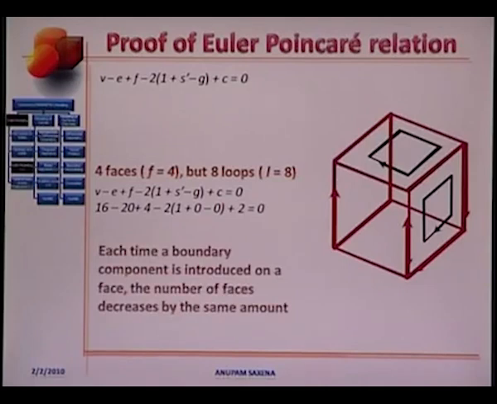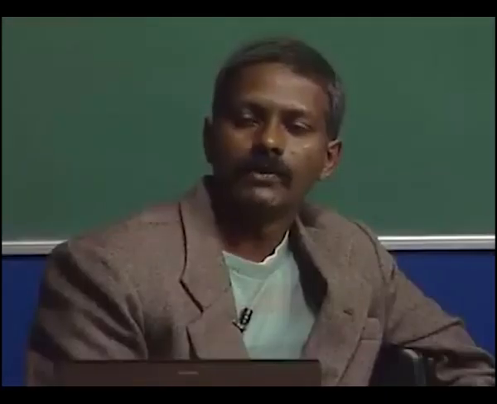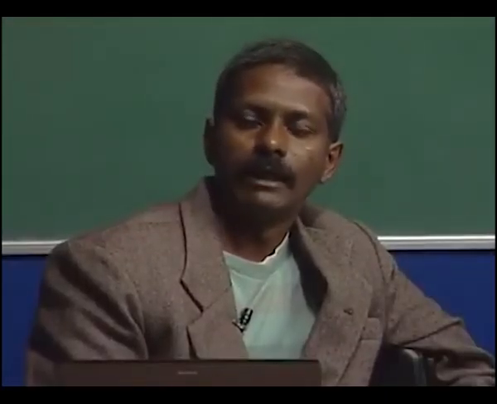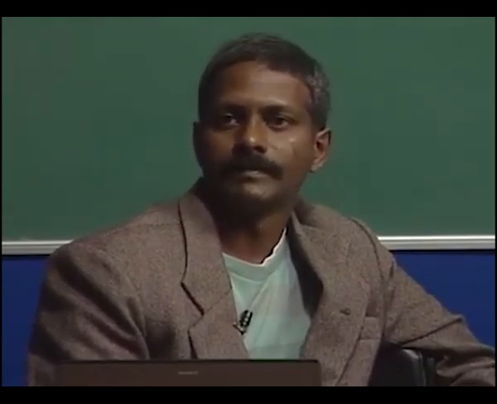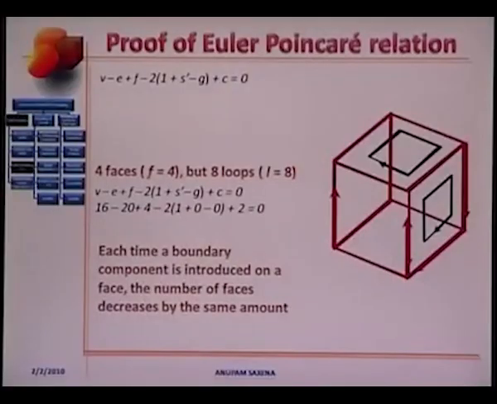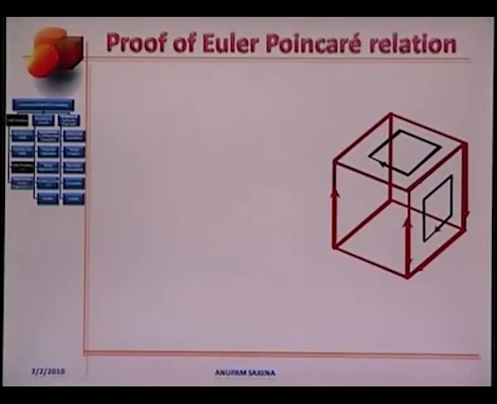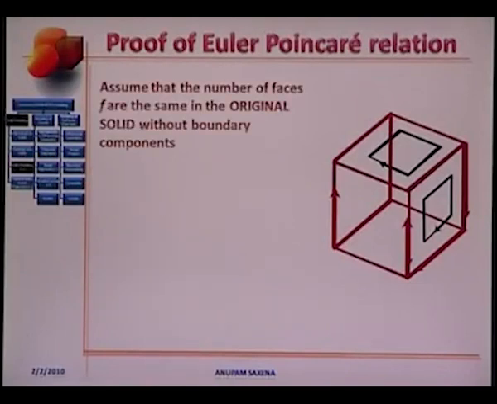What have we noticed? Each time a boundary component is introduced on a face, the number of faces will decrease by the same amount. If I have introduced, let's say, 2 or 3 boundary components, the number of faces will decrease by 2 and 3 respectively. We can use this observation in this manner.